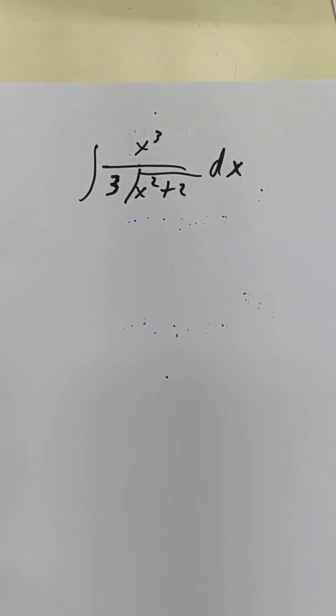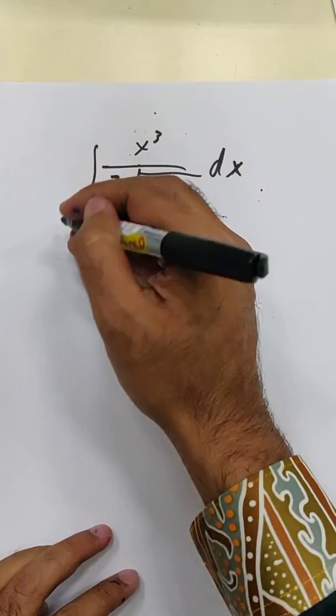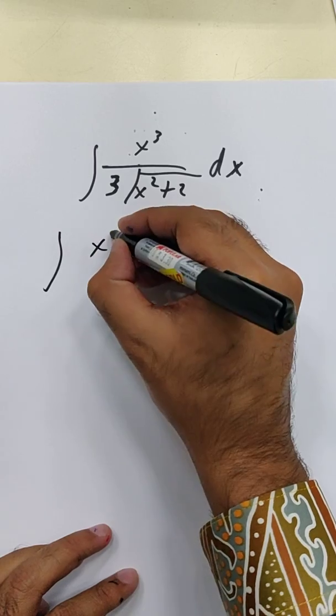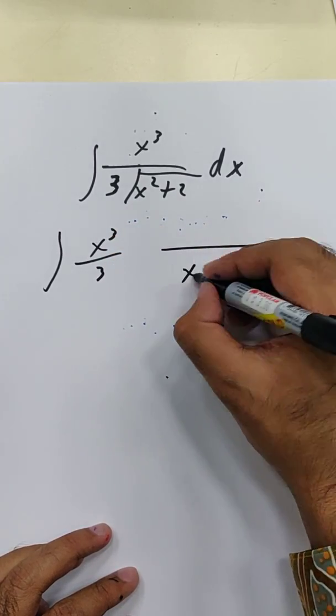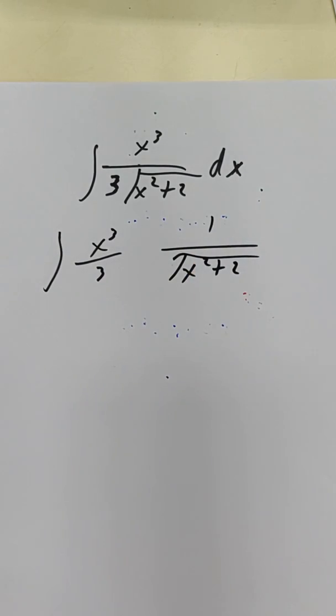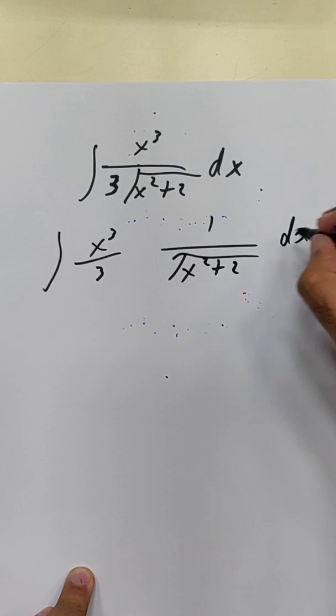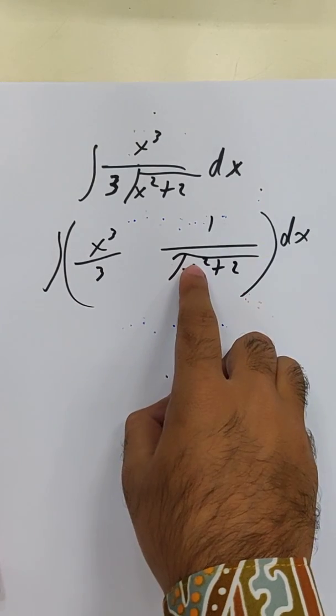Okay, so if you see this question, I can kind of split it up this way. It's not all pretty. And I see the square root, right?